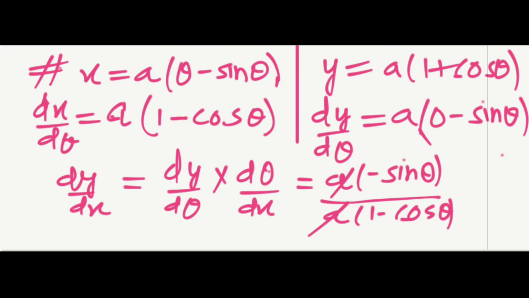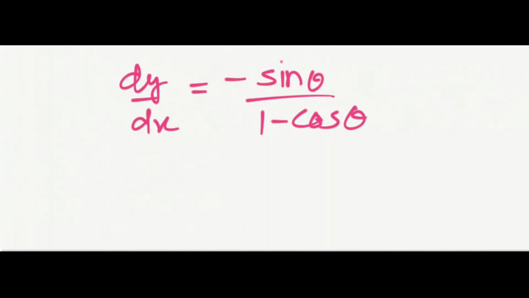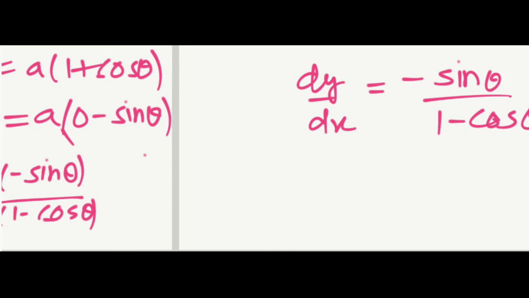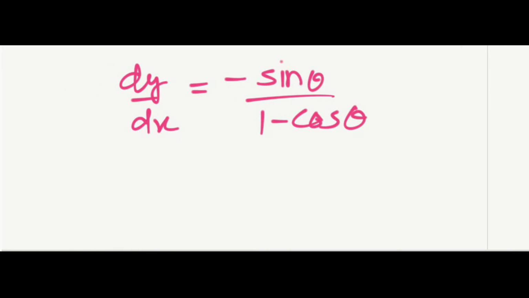So we write dy upon dx equals dy upon d theta into d theta upon dx, or you can say we have taken the reciprocal of dx upon d theta. So put back the values, which are a into minus sin theta upon a into 1 minus cos theta. So a cancels out, and you are finally left with minus sin theta upon 1 minus cos theta. So this is quite easy.